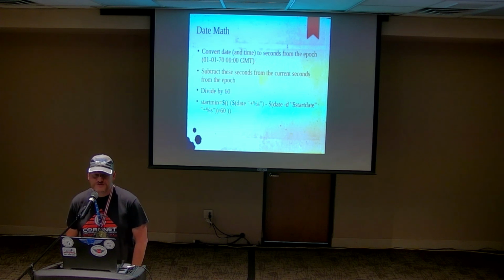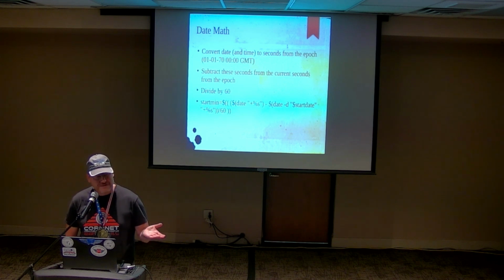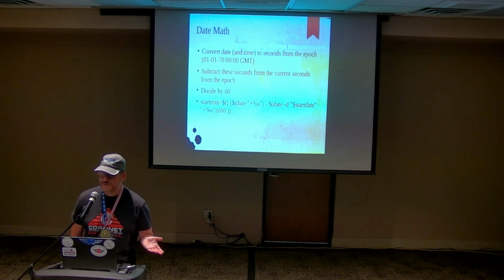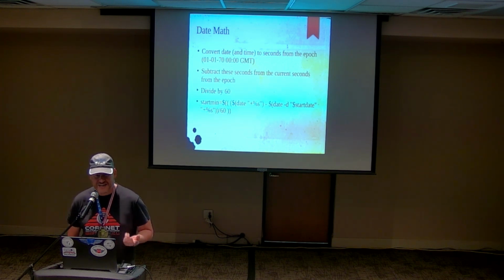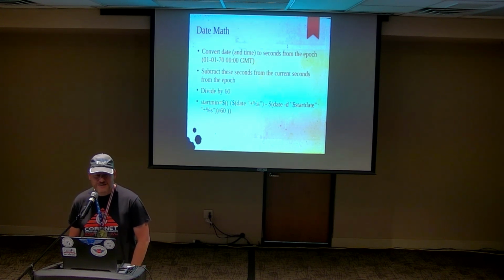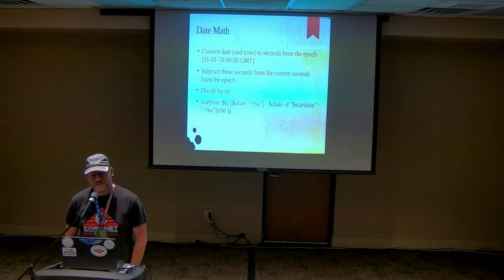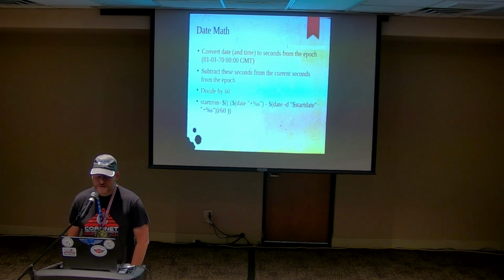So how do you do some date math? It's pretty simple. You convert a date and time to seconds from the epoch. That's kind of a native way that date time stamps are stored in Linux. And the epoch is, of course, January 1st, 1970, midnight GMT, or Universal Coordinated Time, depending on who you ask.